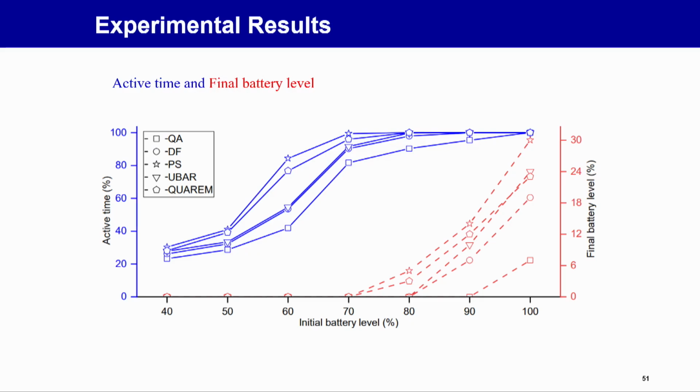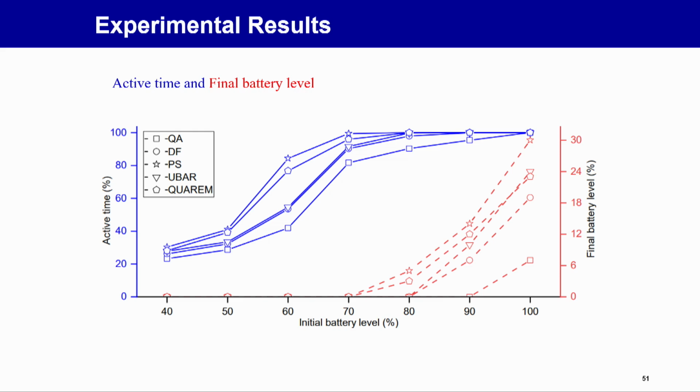When looking at these approaches, you can see power save first. Power save is always going to run everything at the lowest power, so you expect this one will be the best in terms of lasting for the whole day. You can see this one, power save, the star one, the active time for it is the longest.